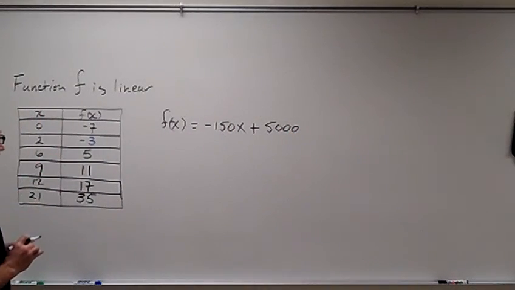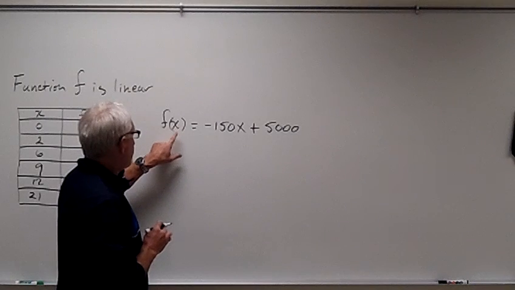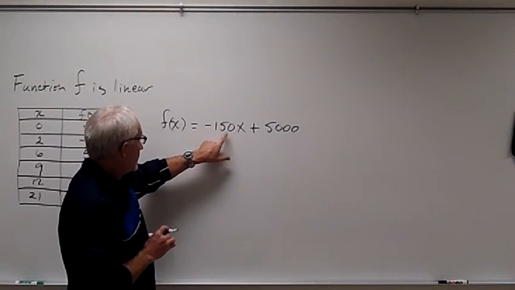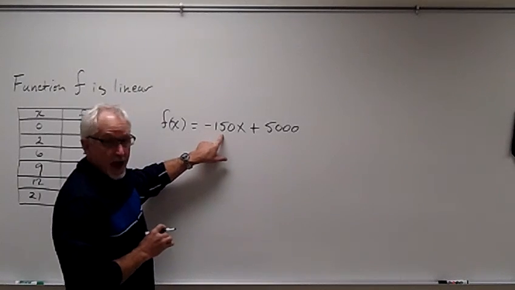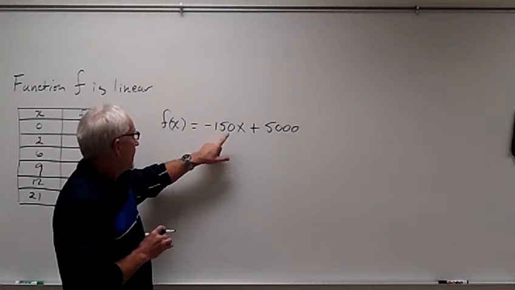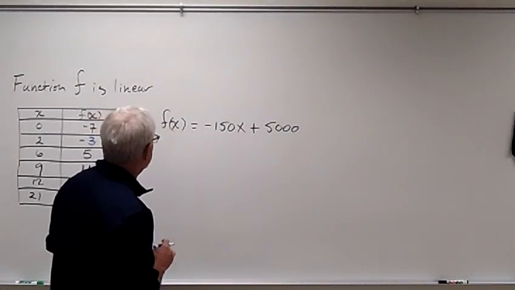So we have f of x is our volume of water in the pool. The negative 150 describes how much the volume is changing each unit of time. And we'll say that our time is in minutes.